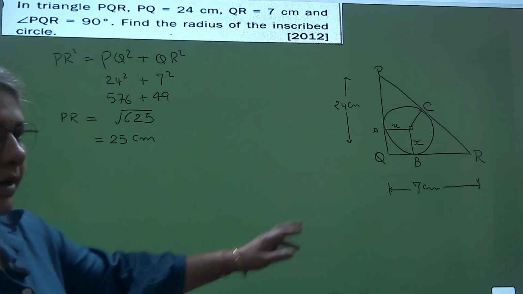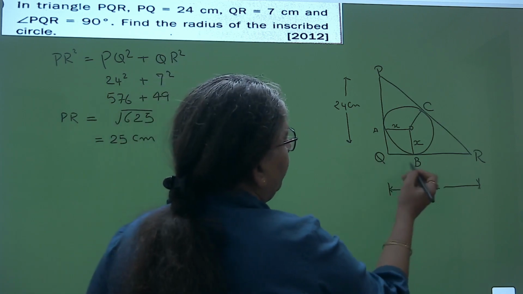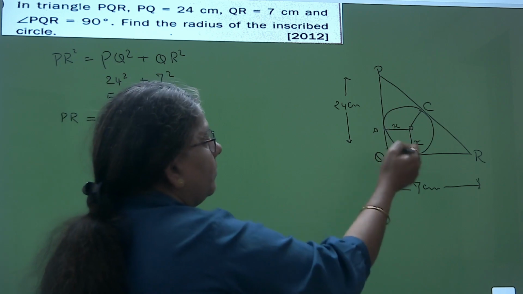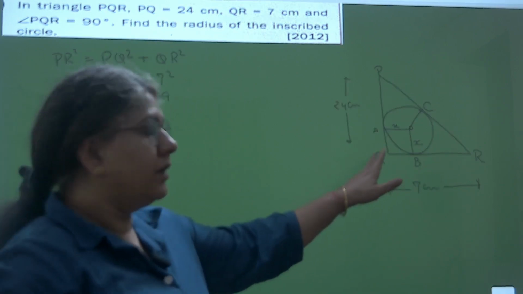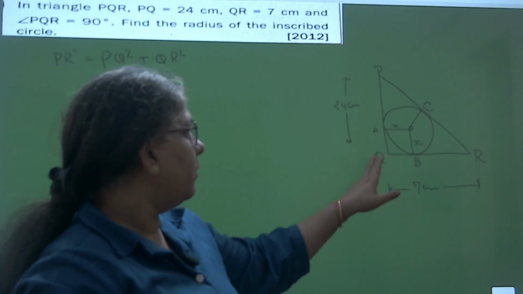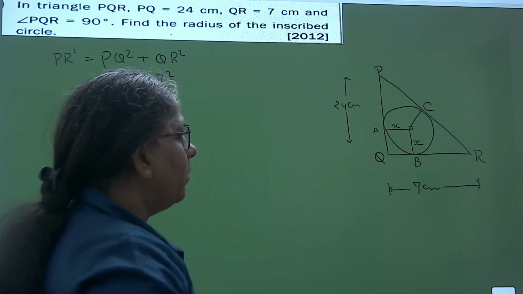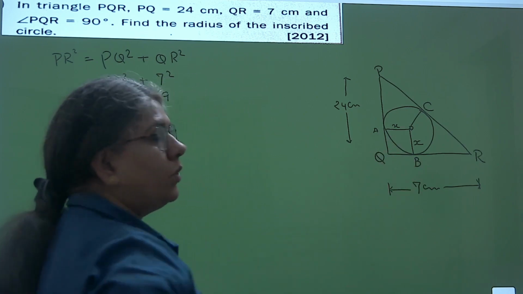Okay, now let's come back to the figure. See, QB and QA are tangents to the circle, and we already know from the theorem that from the external point, when two tangents are drawn, they are equal in length. So QB is equal to QA.